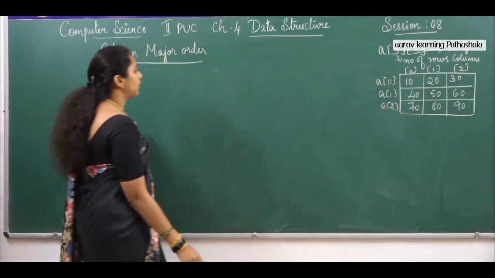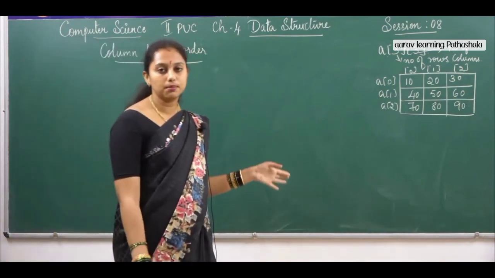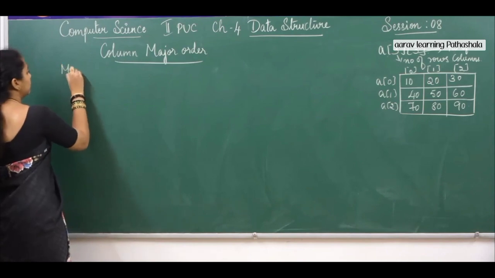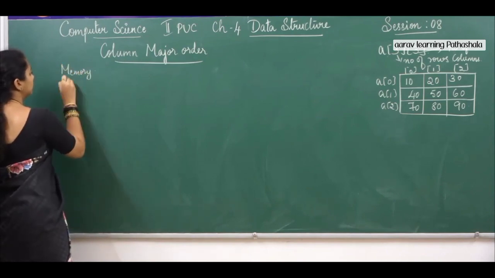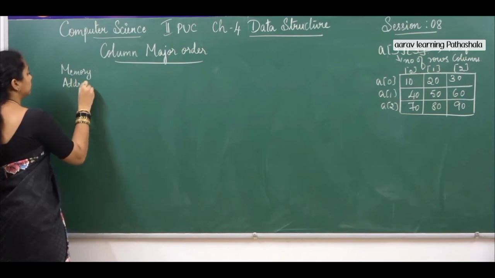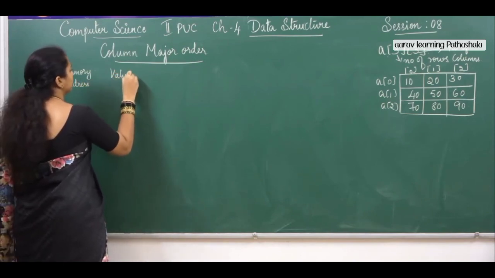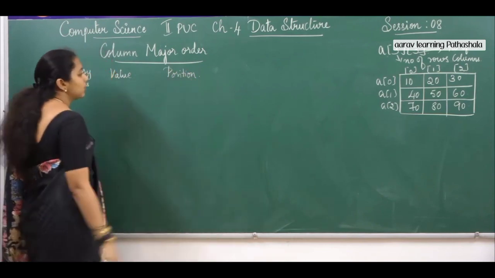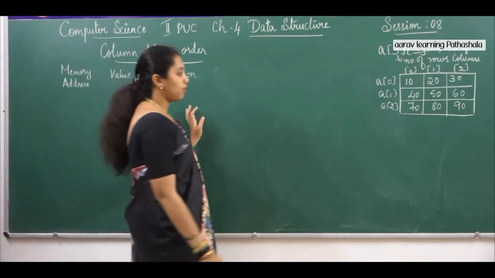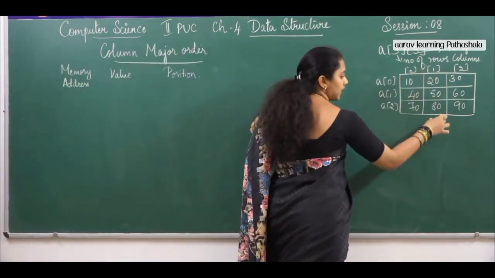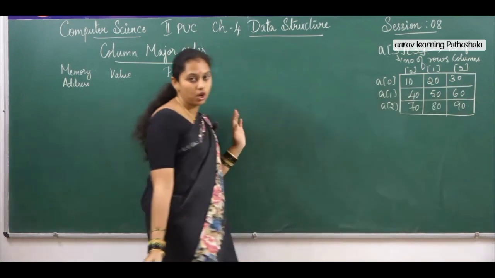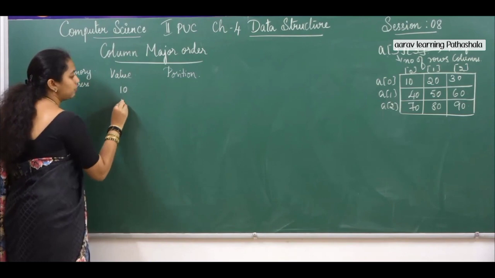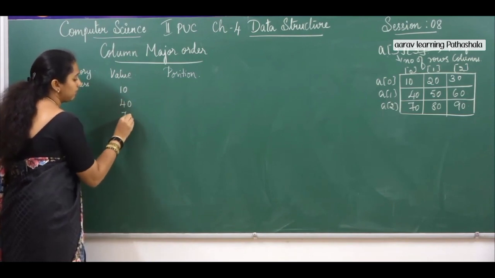So now let's see how to represent the array elements in column major order. In column major order, first we store the elements of the first column, then the second column and then the third column. So the first column elements are 10, 40 and 70.